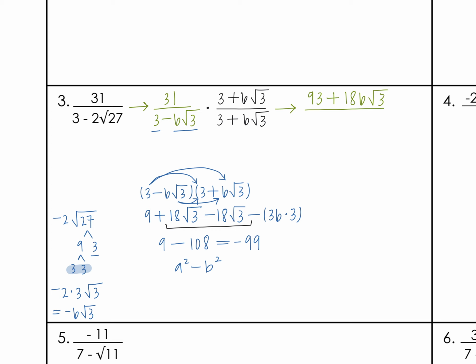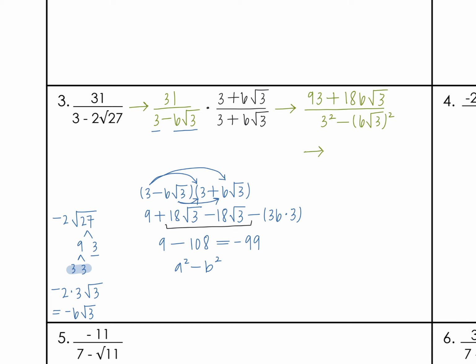And so in your work here, instead of you working that every single time, you would just use that difference of squares to write out. We'll have that 3 squared minus our 6 root 3 squared. And then I'm going to work through this a little bit quicker since I already have the numbers down below.